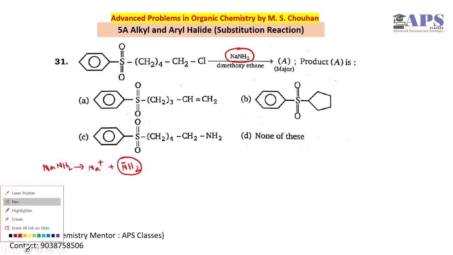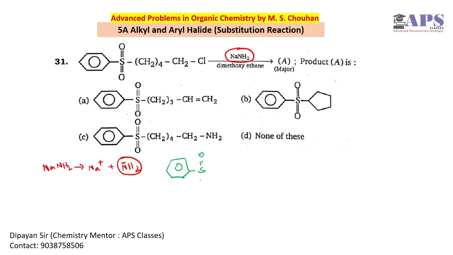Now if we closely look at this molecule, we can see that we have S double bond O double bond O. Now we have a total of 4 plus 1, 5 carbons like this, carbon number 1, 2, 3, 4, 5, and this fifth carbon is attached with one leaving group, that is Cl minus.